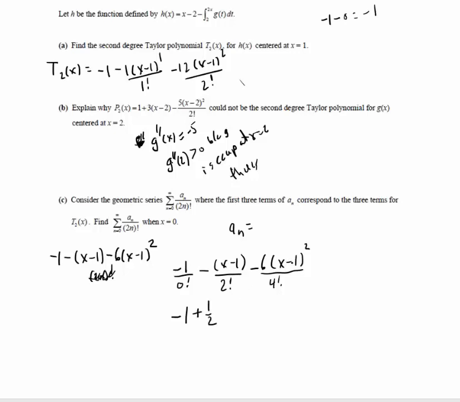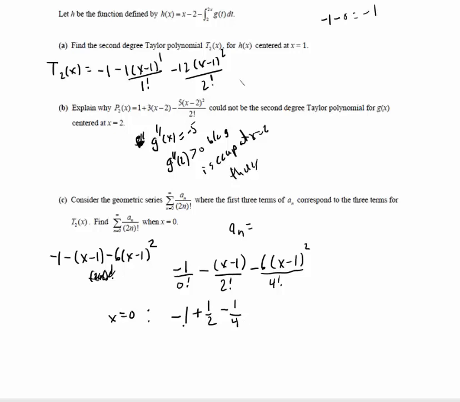And then 0 minus 1 is -1 squared is positive 1. Minus will give you a negative. 4 factorial is 24, and 6 over 24 reduces to 1 over 4, so this will be -1/4. Okay. So that's at x equals 0. So at x equals 0, this is what I end up with.